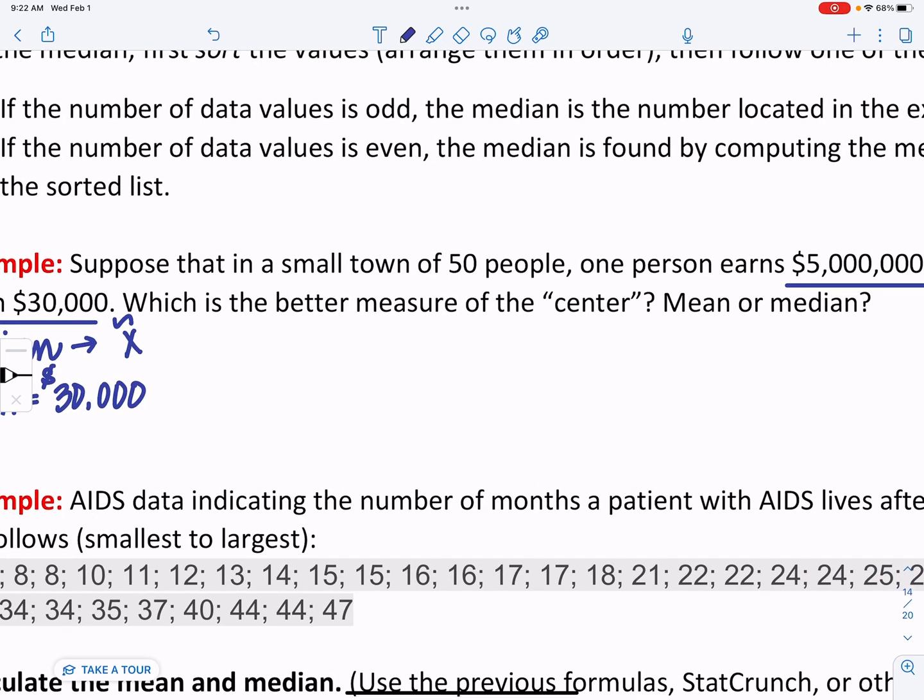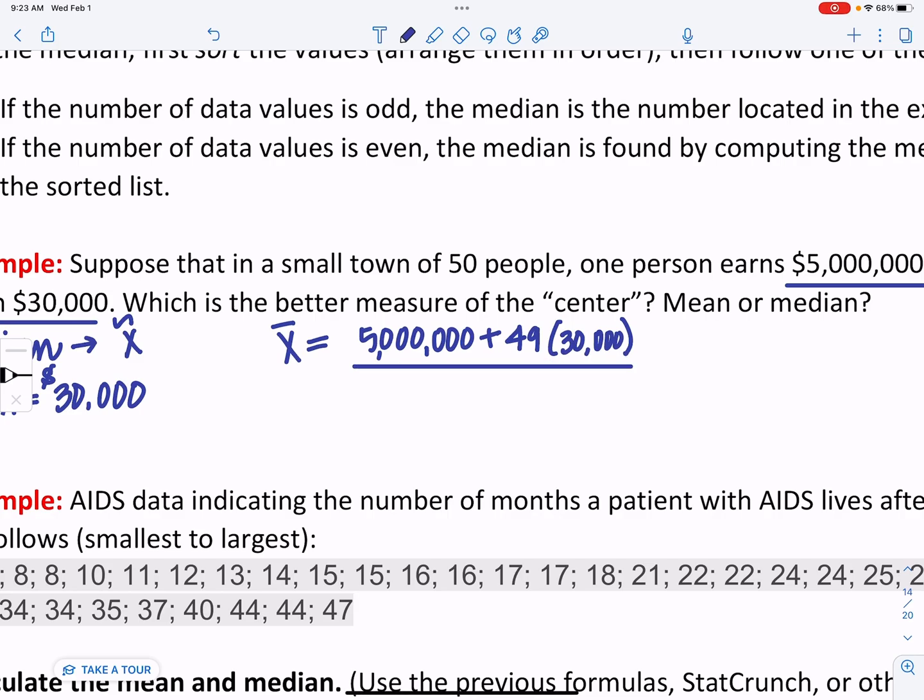If we go calculate the mean, so we're going to go calculate X bar, we are going to add up all 50 pieces of data. So I have 5 million plus 49 times 30,000.